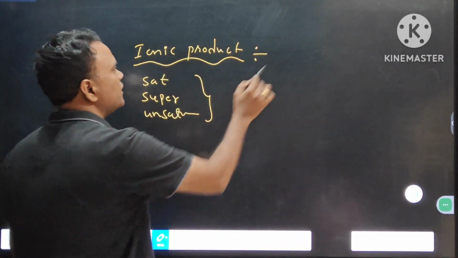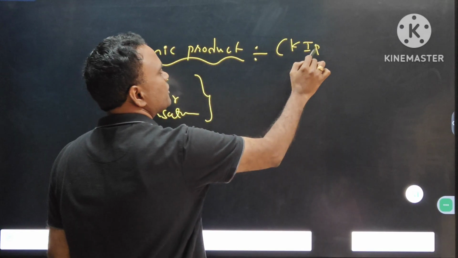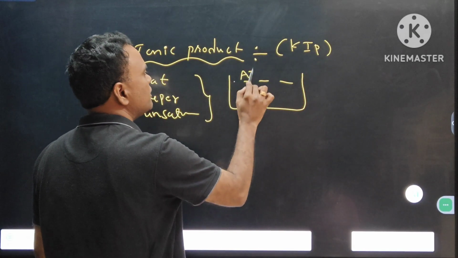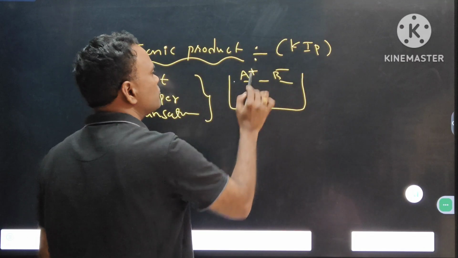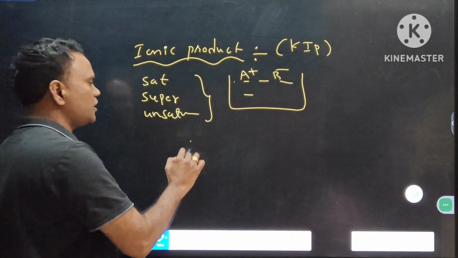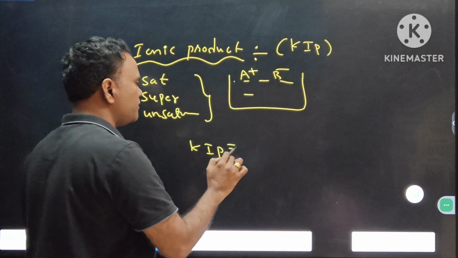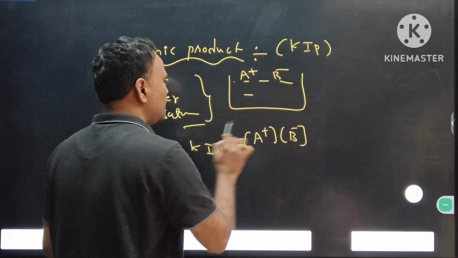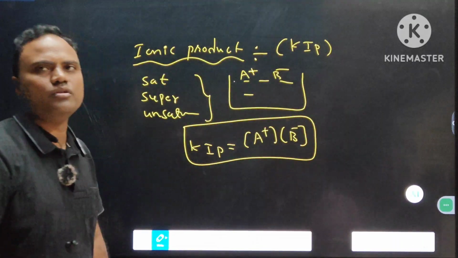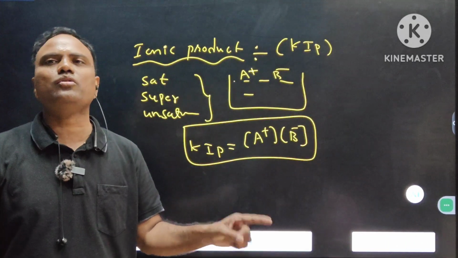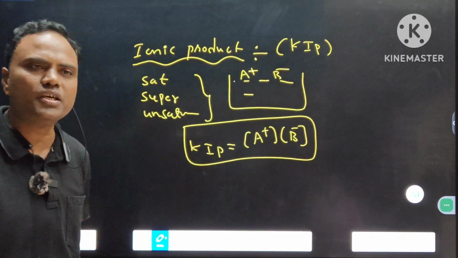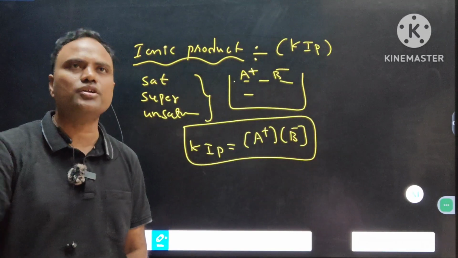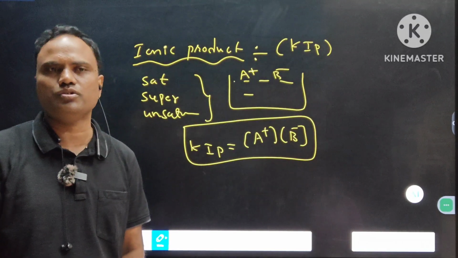But ionic product KIP is applicable for any type of solution. It may be saturated, unsaturated or supersaturated. Ionic product KIP is the product of concentration of cation and anion in any solution. KSP is for only saturated solution. KIP is for any type of solution.